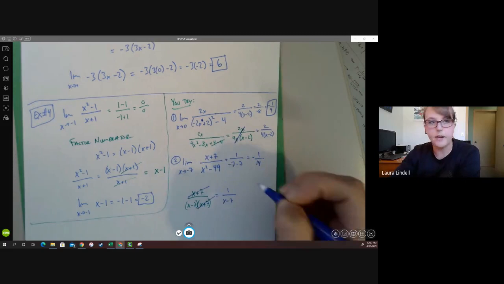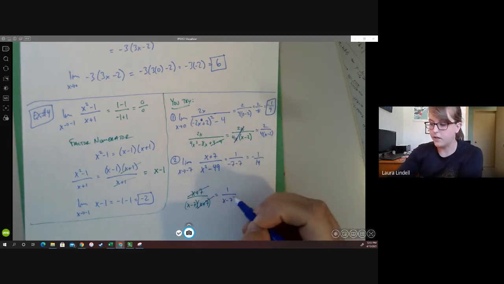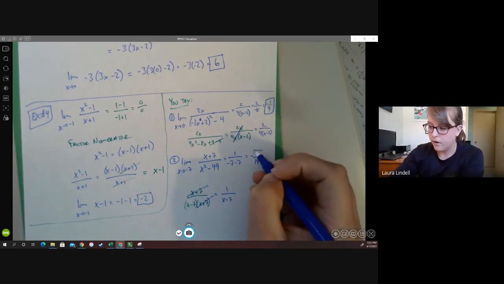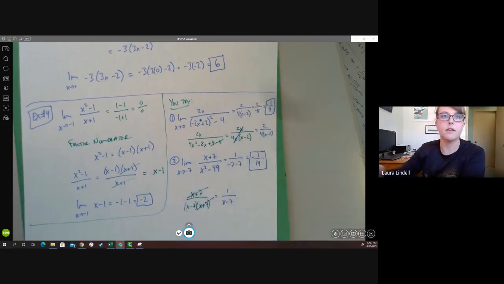So then we would plug in -7 to this, the 1 over x minus 7, to get -1/14.